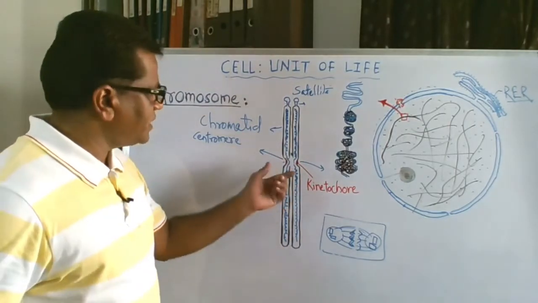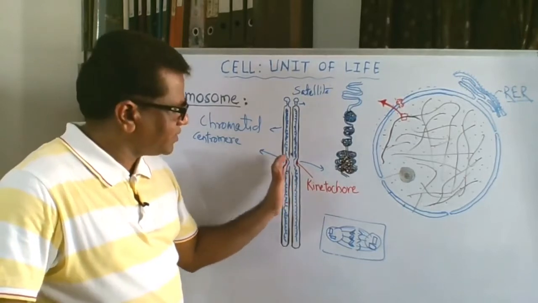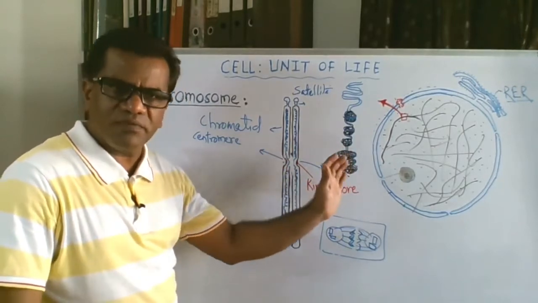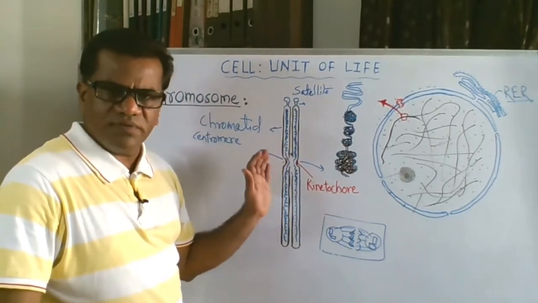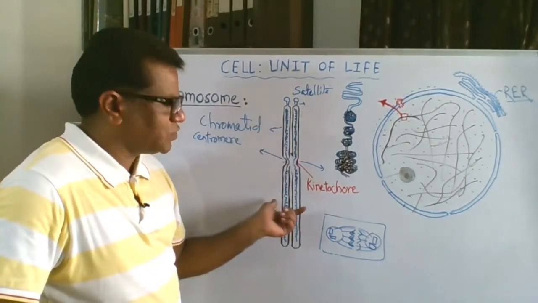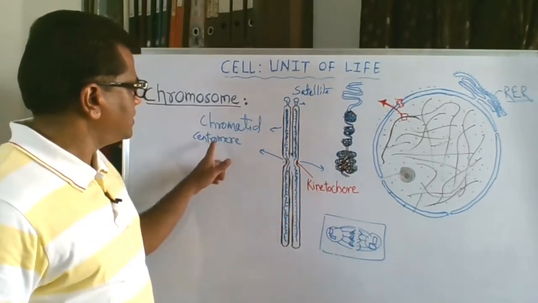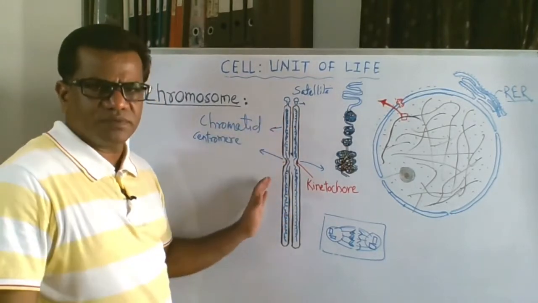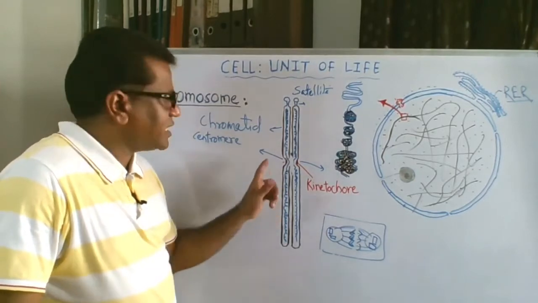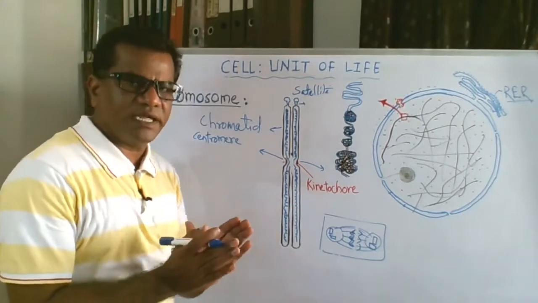Also, this centromere gives the site of attachment to the spindle fibers at the time of cell division, and it divides the chromosome into 2 parts. Each chromatid has 2 arms. Generally they are referred to as long arm and short arm if they differ in their length.